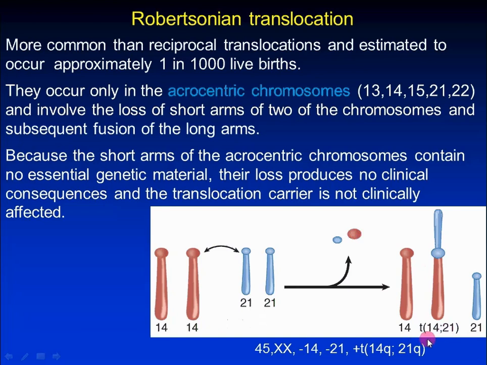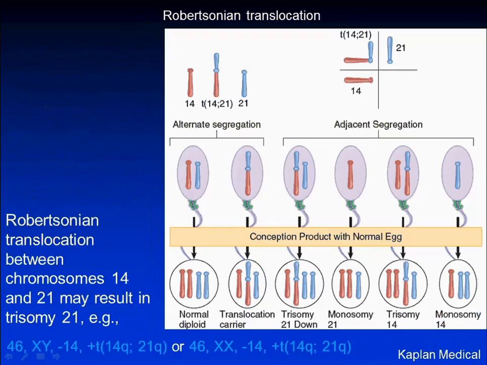What will happen to children of a man with a Robertsonian translocation? To answer that question, we similarly place 2 wild-type chromosomes into 2 diagonal quadrants and 1 recombined chromosome into any one of the leftover quadrants.